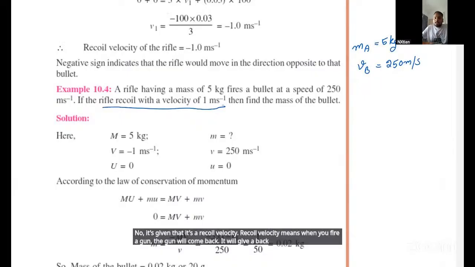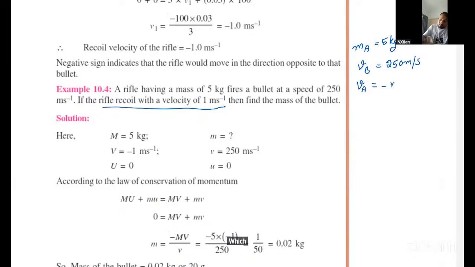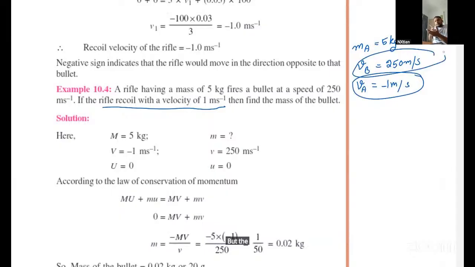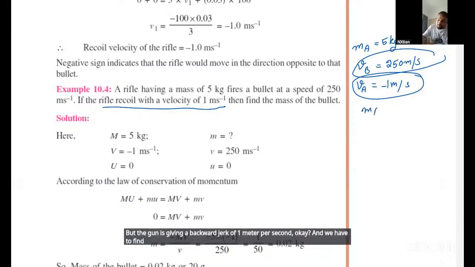That is called recoil velocity. So it is VA, which is minus 1 meter per second. Why did I take minus here? The minus shows that the bullet is traveling in the forward direction, but the gun is giving a backward jerk of 1 meter per second. And we have to find MB, the mass of the bullet.